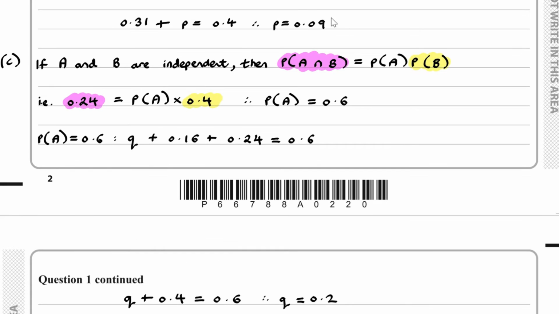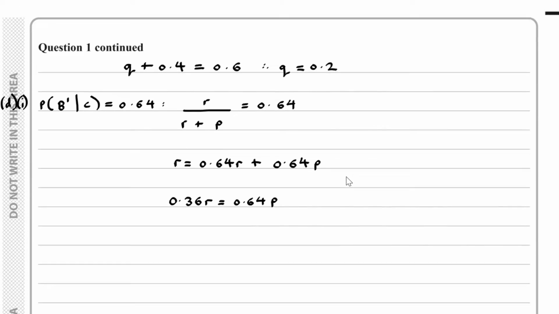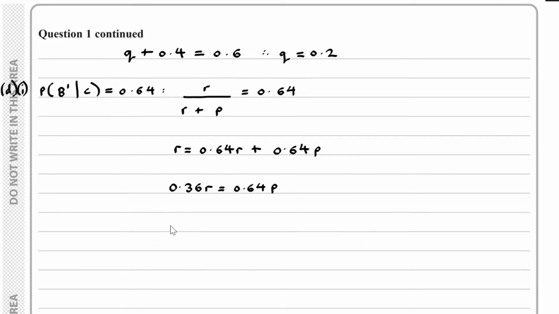We worked that out previously to be 0.09. So we have 0.36R equals 0.64 multiplied by 0.09. So from this we can work out the value of R.